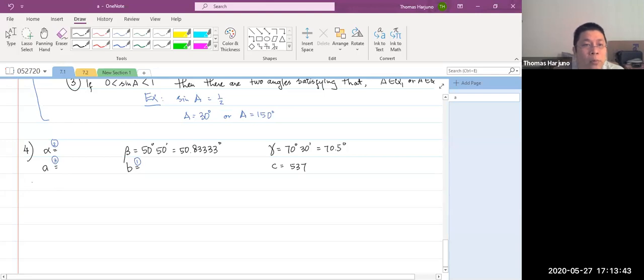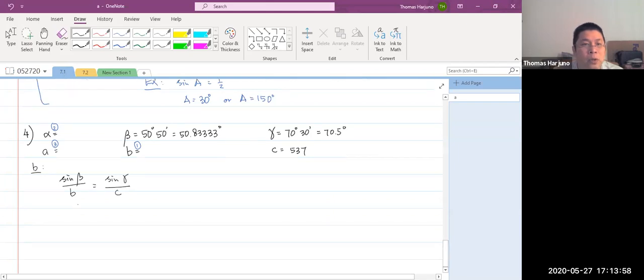So for my side B, I will use sine beta over side B equals sine gamma over side C. So sine 50.8333 over B equals sine 70.5 degrees over 537.